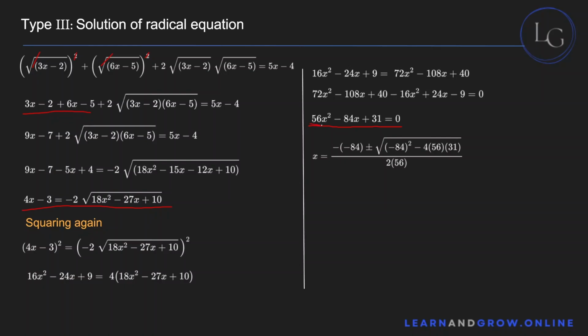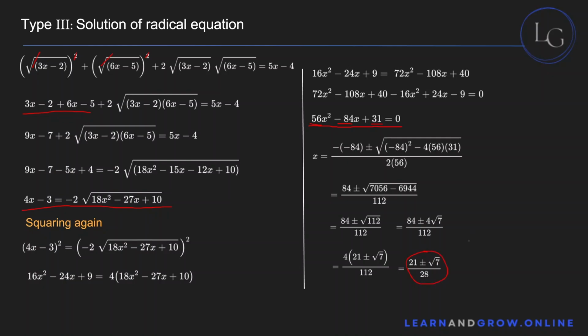This 56 is A, this minus 84 is B, and this 31 is C. So after putting it in the quadratic formula and doing all the calculations, you get two solutions here. One solution is 21 plus under root 7 over 28, and the other solution is 21 minus under root 7 over 28.